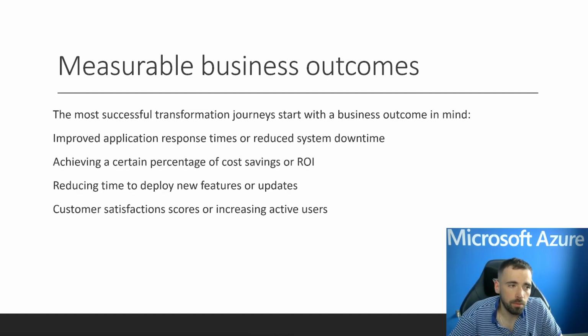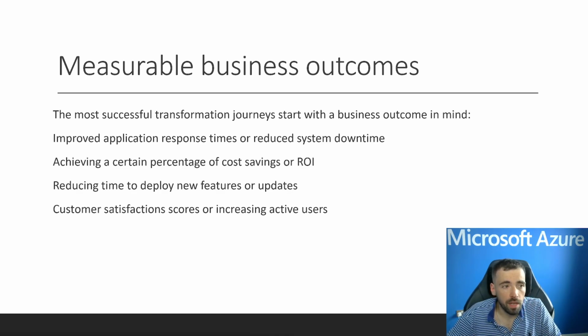So to give some examples of measurable business outcomes, we'll be defining those as part of strategy, defining those business outcomes that the business wants to see, and these should be tangible measures that we can measure our success against at a later stage.